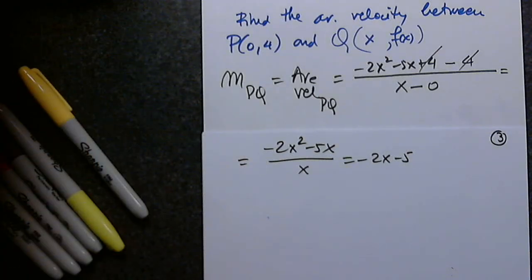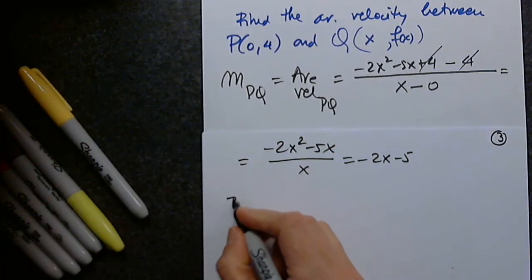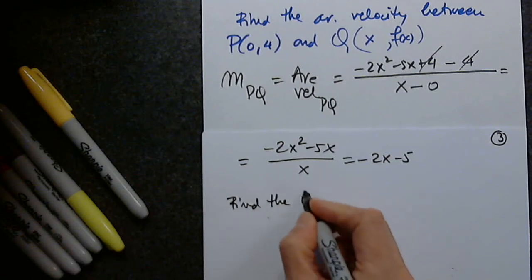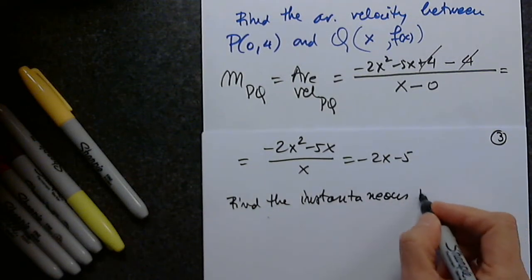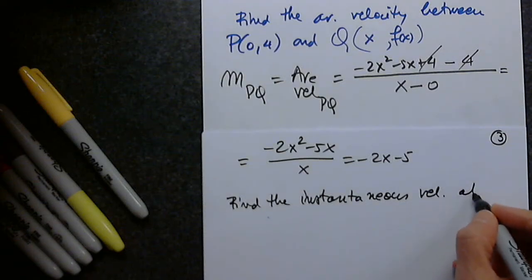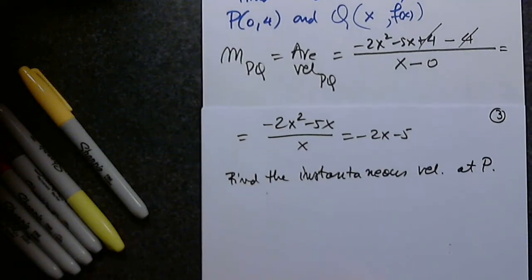Now I would like to determine, that's my next question, find the instantaneous velocity at P. And this is a very simple situation. And we will look at another problem in a minute. What will I have to do to determine, based on what we discussed a minute ago with this?